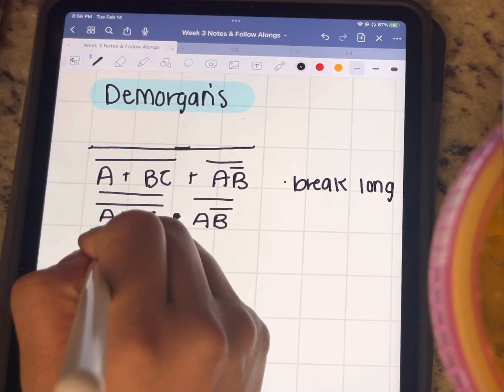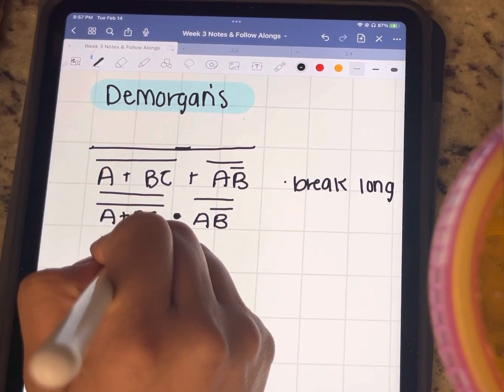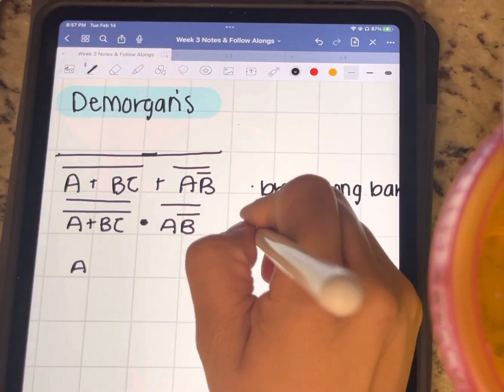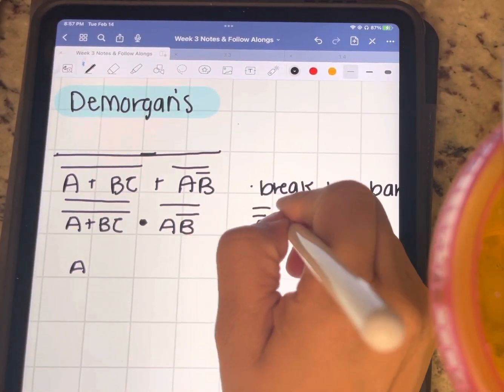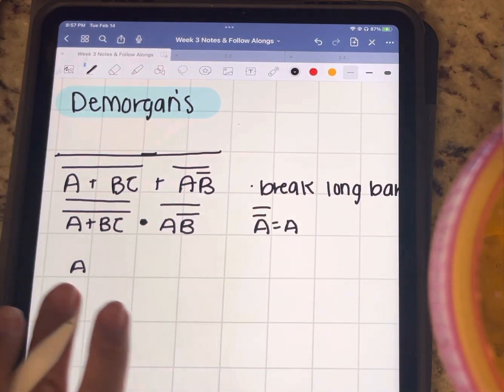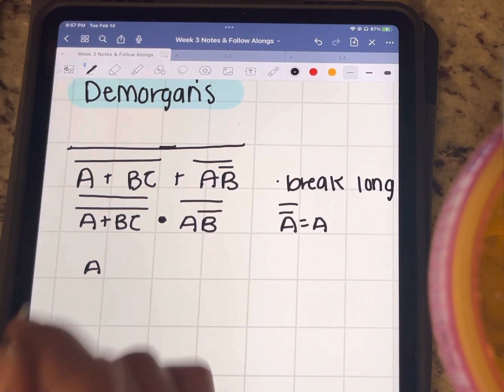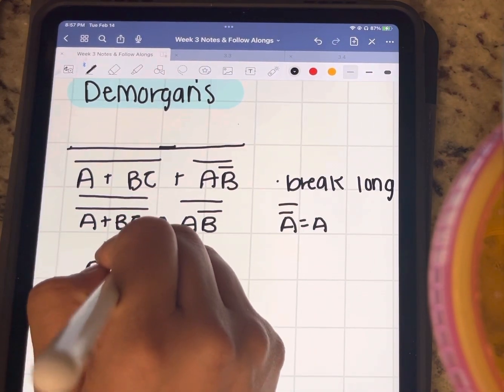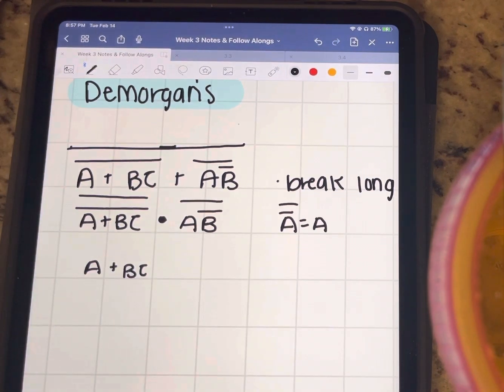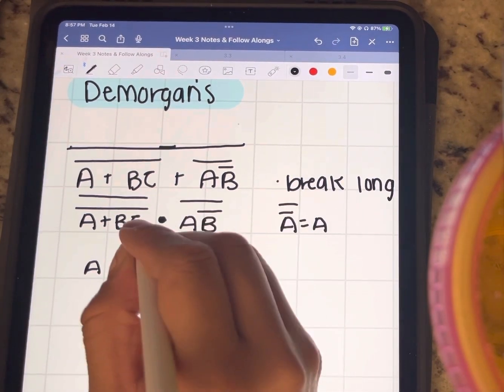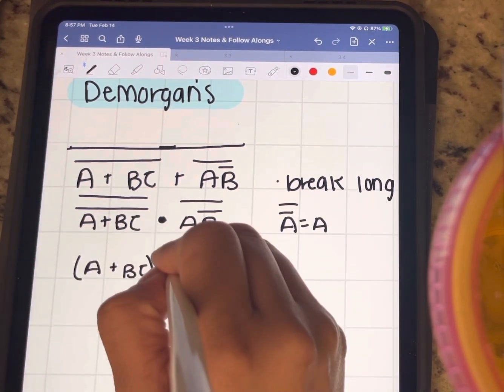I can just do it all at once. Since there's two bars over A, A with two bars on top equals A, so I'm keeping that the same. I'm also going to be keeping the operations the same instead of flip-flopping from addition to multiplication and back to addition. And this is a quantity.